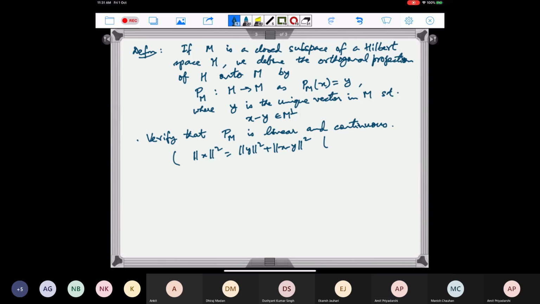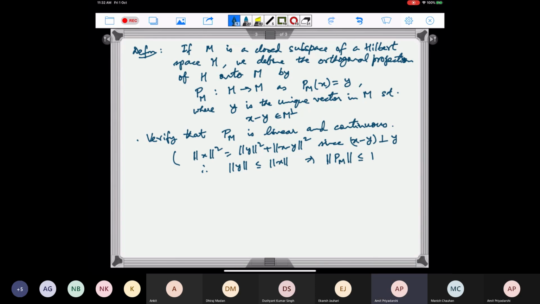Since x minus y is orthogonal to y, therefore norm of y is less than or equal to norm of x. So in fact the norm of this projection map PM is always less than or equal to 1.